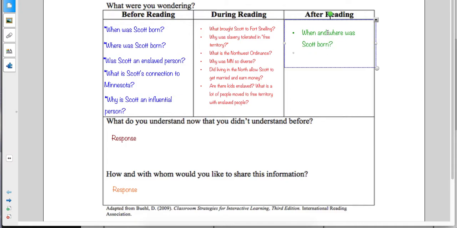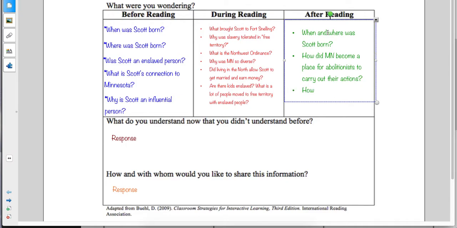I also want to know, how did Minnesota become a place for abolitionists to carry out their actions? Seems like Minnesota became kind of a hotbed for it after that court case.